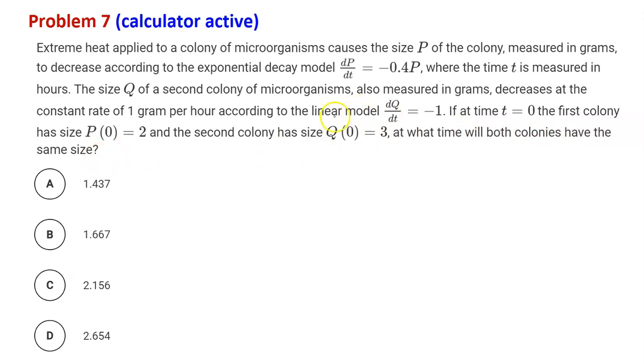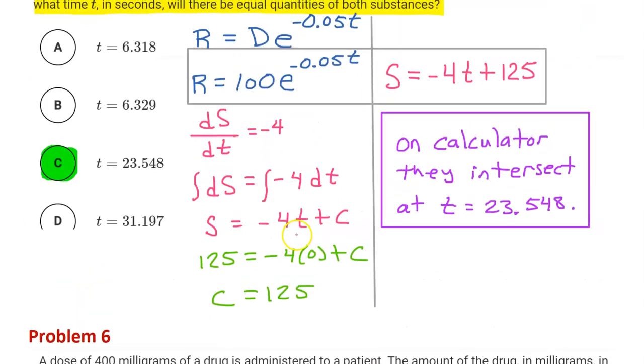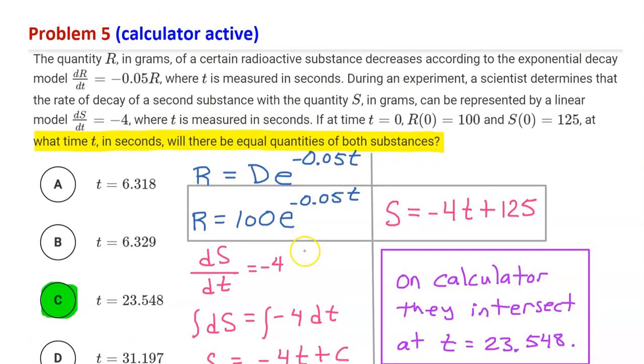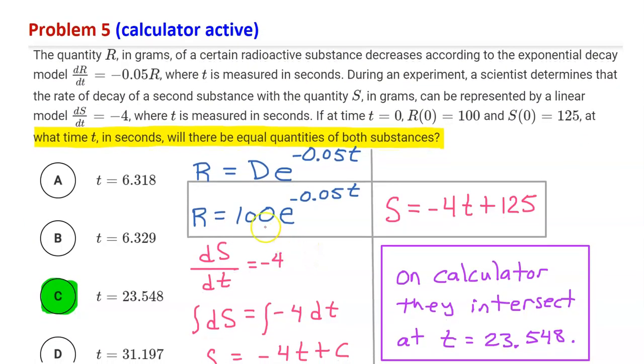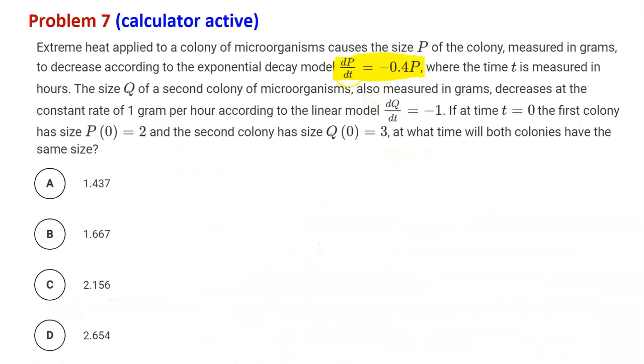This sounds really familiar to problem number 5. This is practically the same problem. Here is the special case where we have the rate of change of a quantity proportional to itself. So we can skip straight to the solution. P is equal to D times e to the kt power. We know that k is negative 0.4.